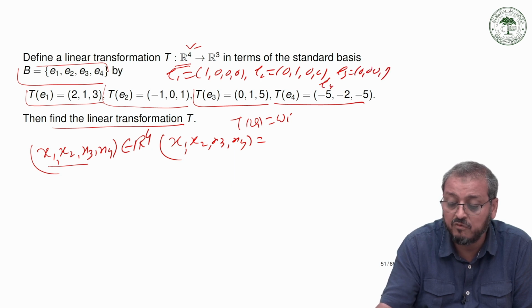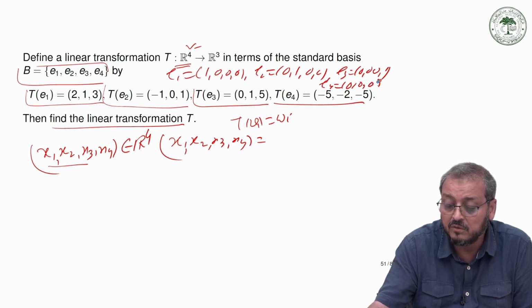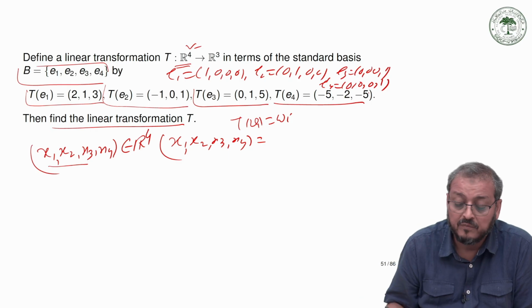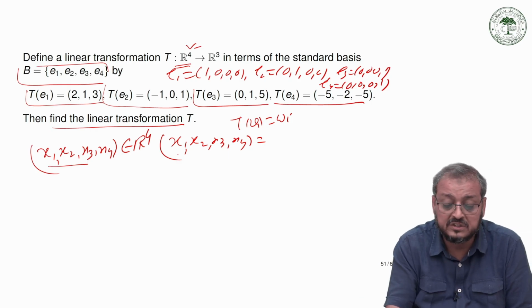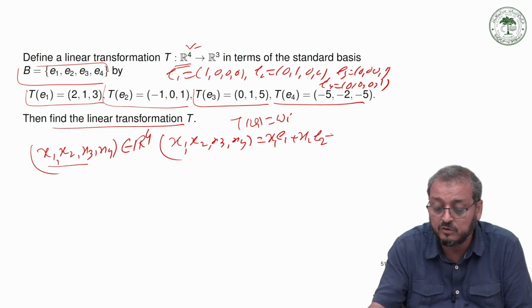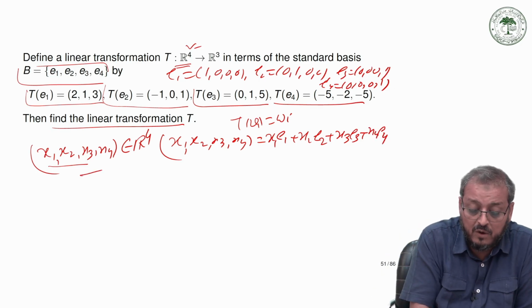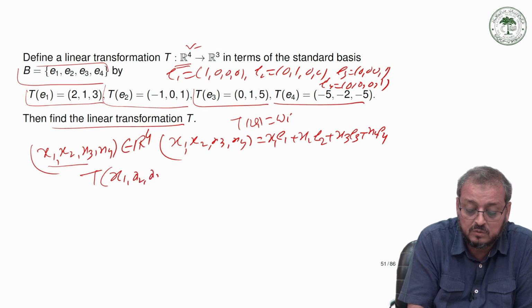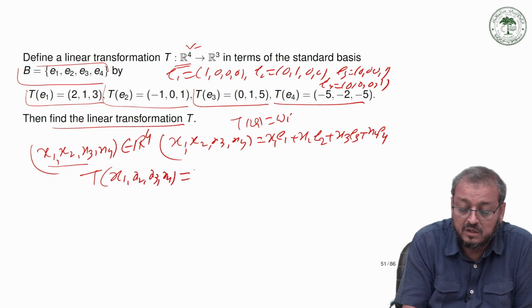So the vector x1, x2, x3, x4 can be written as x1 E1 plus x2 E2 plus x3 E3 plus x4 E4, and now we have to calculate T of this vector.